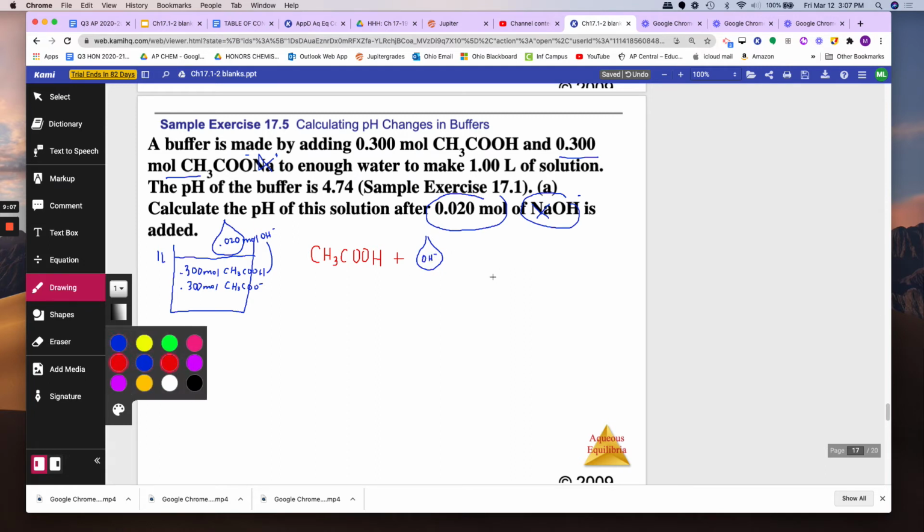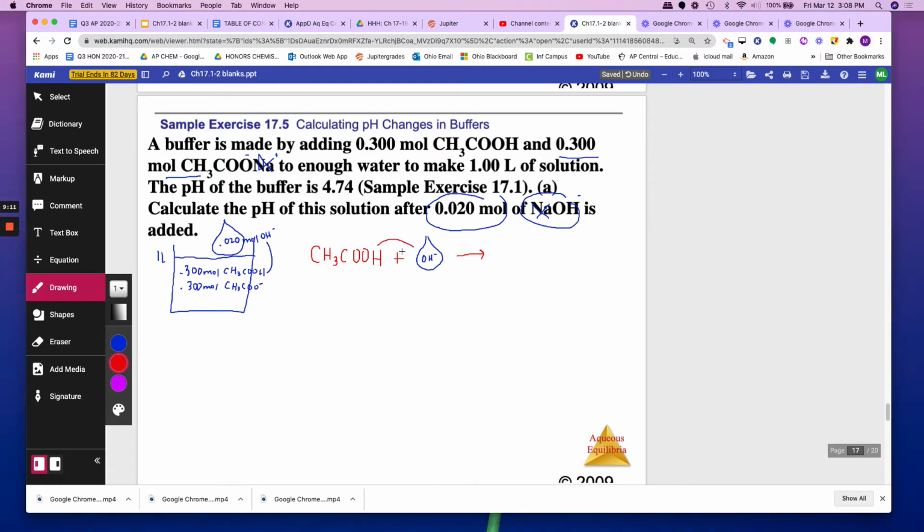Okay, so what'll happen then is this will make water, of course, and you're going to make the conjugate base, CH3COO minus.